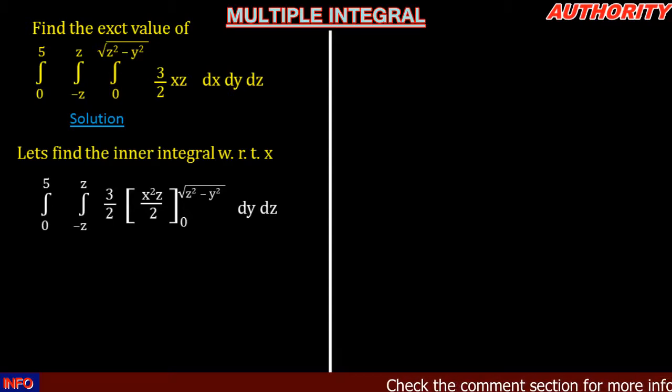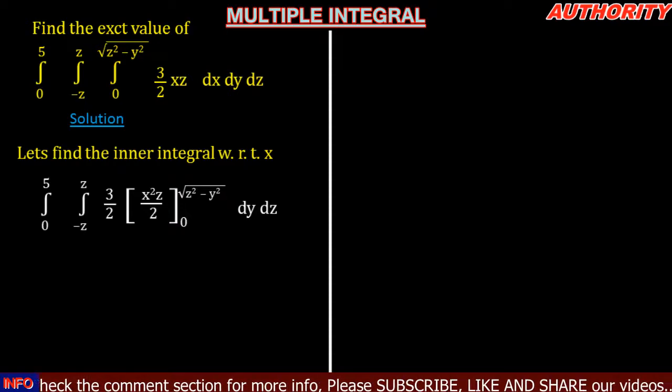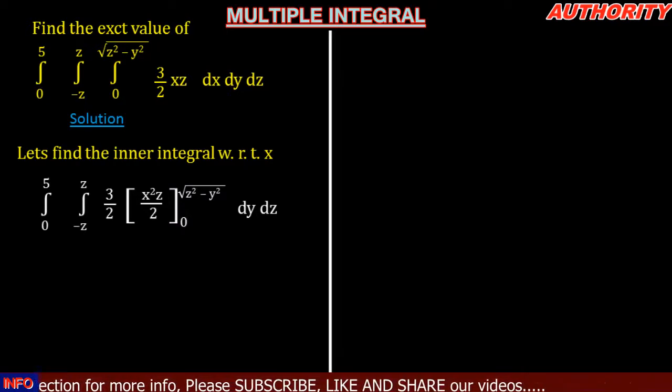We have dy dz. So here we have the integral from 0 to 5 and the integral from minus z to z.